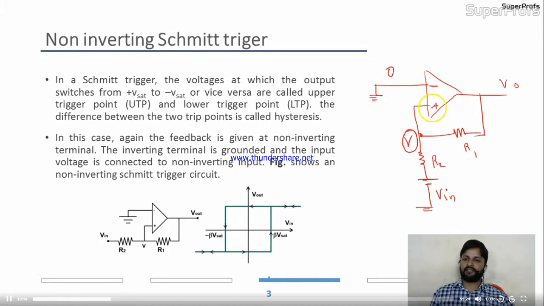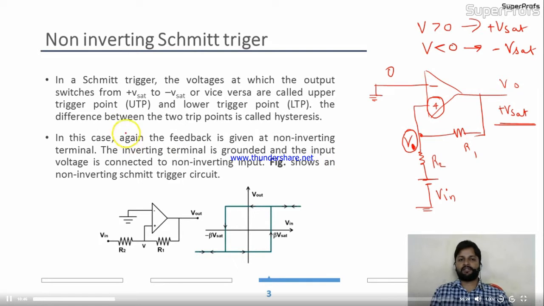This voltage is greater than 0 means at the positive terminal you are having higher potential, so definitely the output switches from minus V sat to plus V sat. Let's take it V itself. So if V is greater than 0, definitely your output will be plus V sat. If your V is less than 0, definitely your output will be minus V sat.